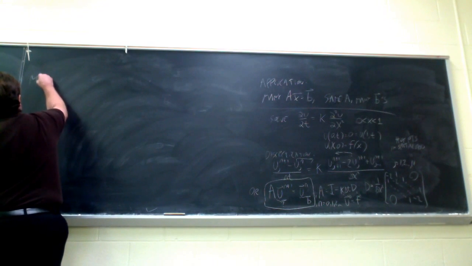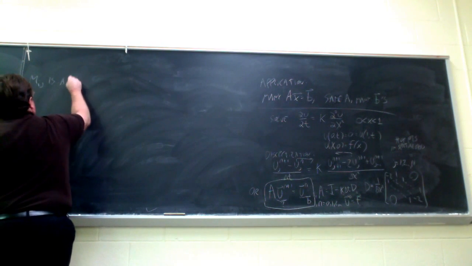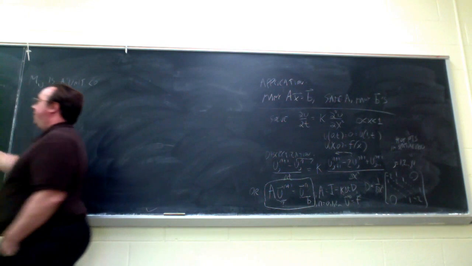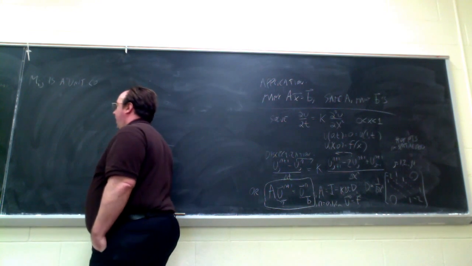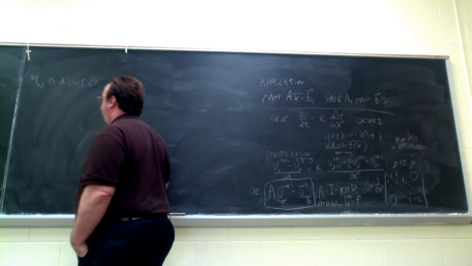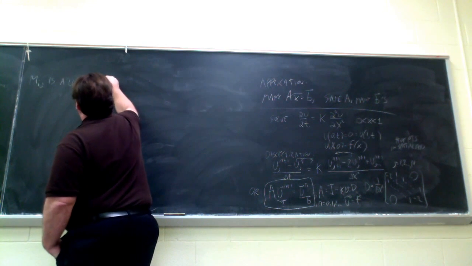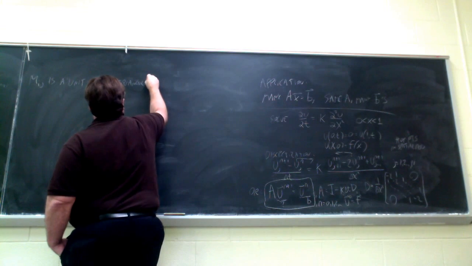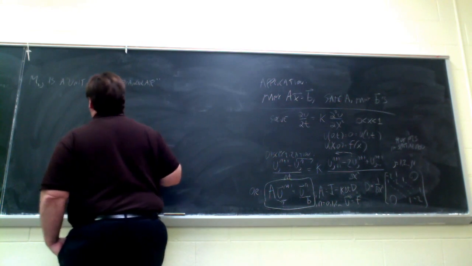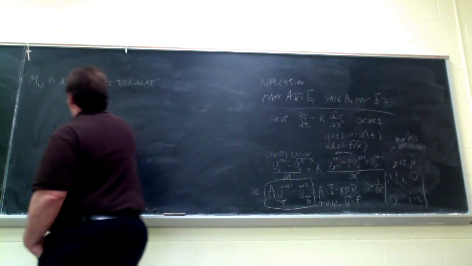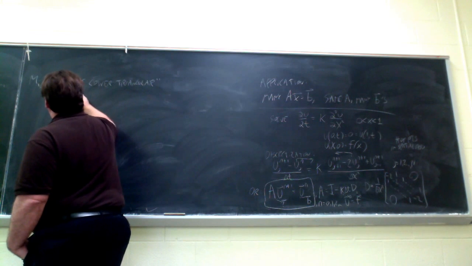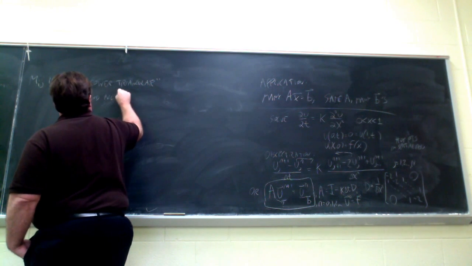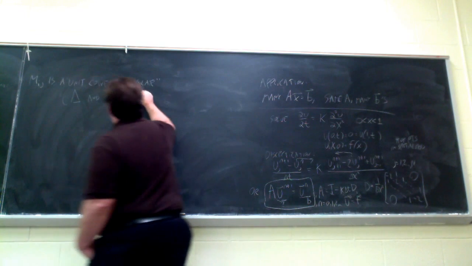So capital Mij is lower triangular. You can tell that just by looking. Everything above the diagonal is 0. But there's something more. We can actually call it not just lower triangular, it is unit lower triangular. And what that means is it is lower triangular and it has only ones on the diagonal.